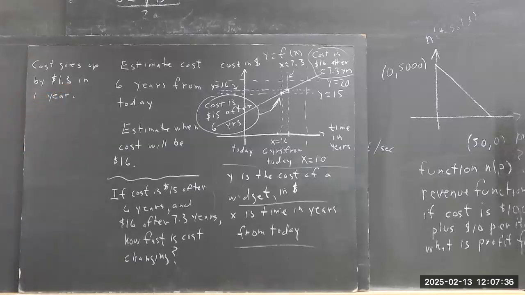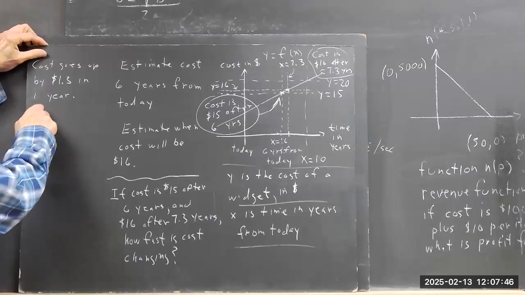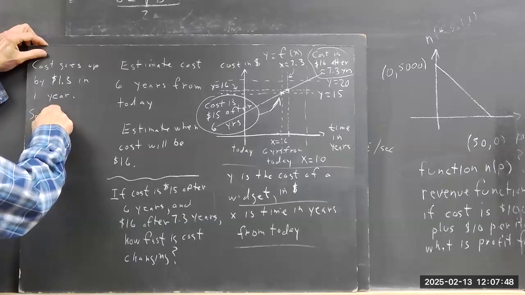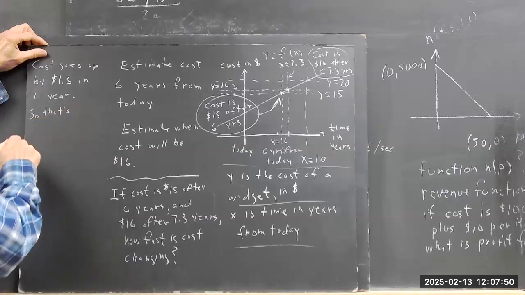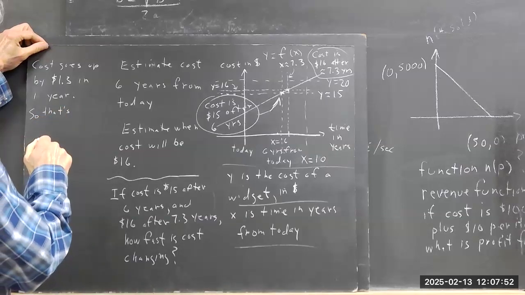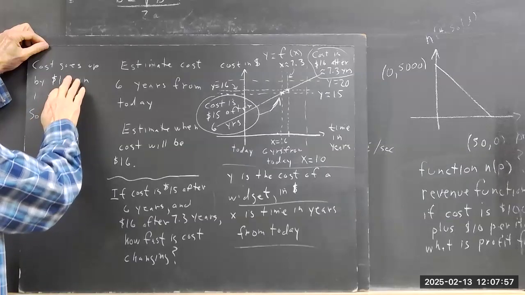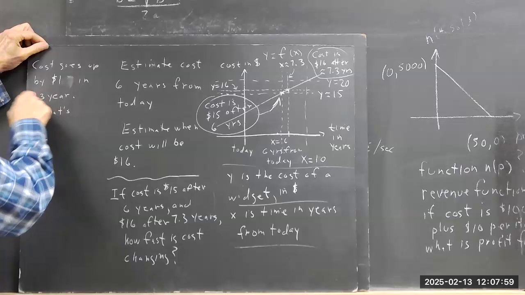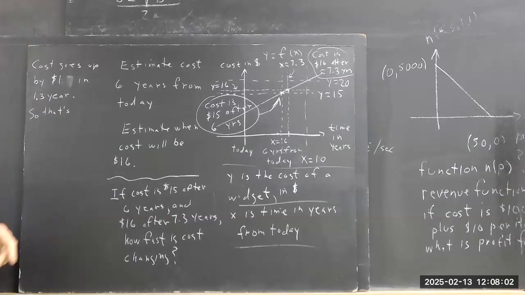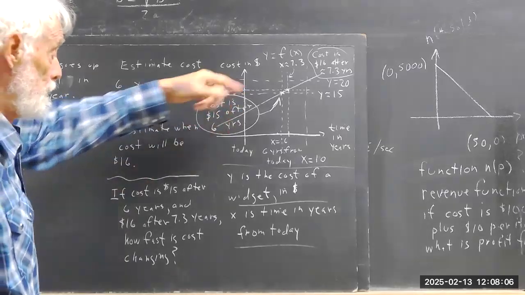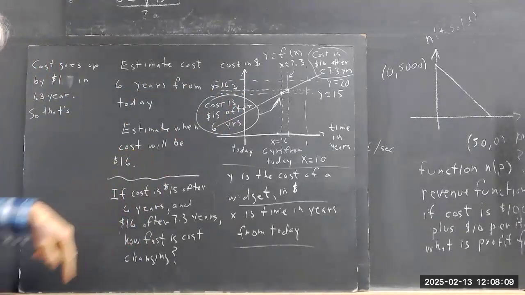Cost goes up $1.3 in 1 year, right? Okay. I'm sorry, wrong. Cost goes up $1 in 1.3 years. My number's wrong. Okay. Cost goes from $15 to $16.